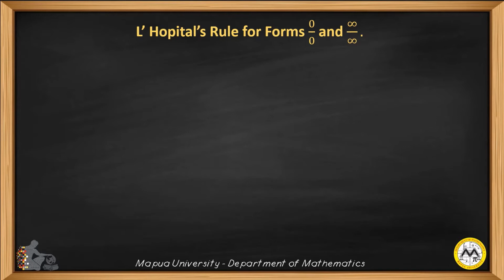This time, when we encounter a 0 over 0 or an infinity over infinity as a result of initially investigating the limit of a fraction, we will be applying L'Hopital's rule.